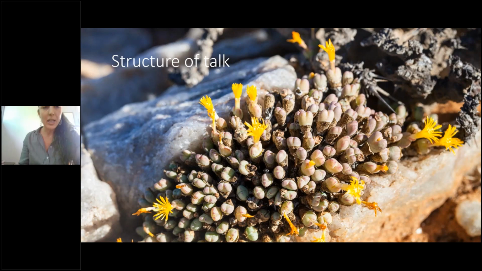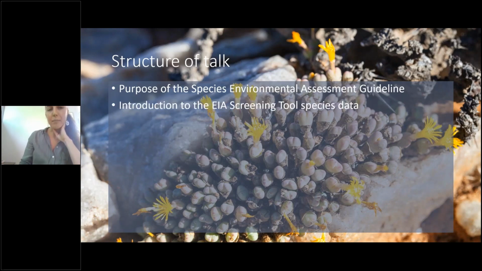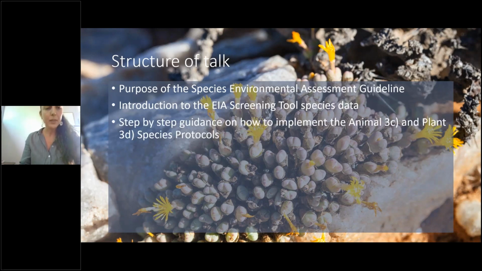Okay, the structure of today's talk. I'll first give you an understanding of the purpose, why we need this guideline, and explain how it operates with the Environmental Impact Assessment Screening Tool. There has been a previous webinar on the screening tool, so we hope many of the participants here are aware of that.